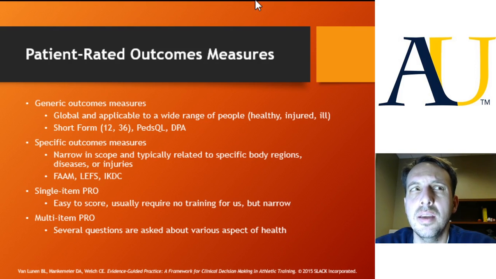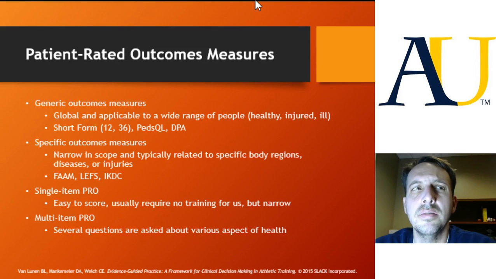regardless of their condition. The short form 12 or 36 are the most common with that, and ask questions about their overall health care. Specific outcome measures now focus specific to either body regions or disease or conditions. And so things like the foot and ankle ability measurement or the lower extremity functional scale are specific to different regions or different injuries associated with that.